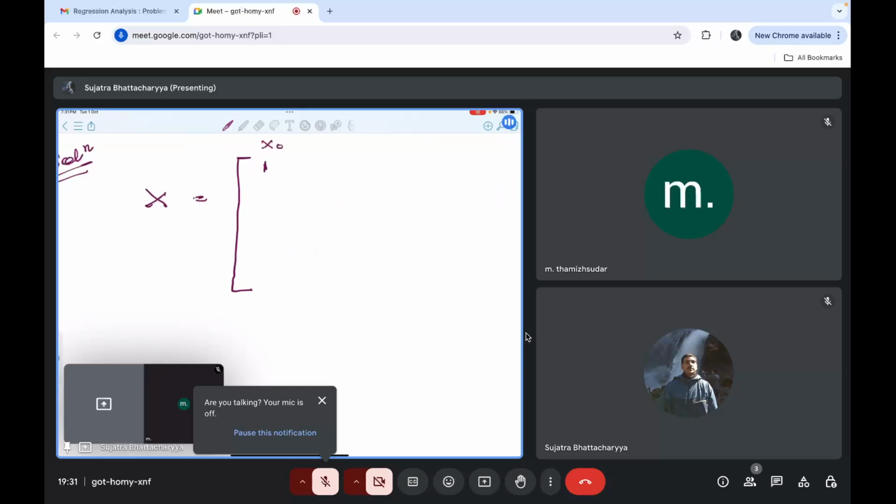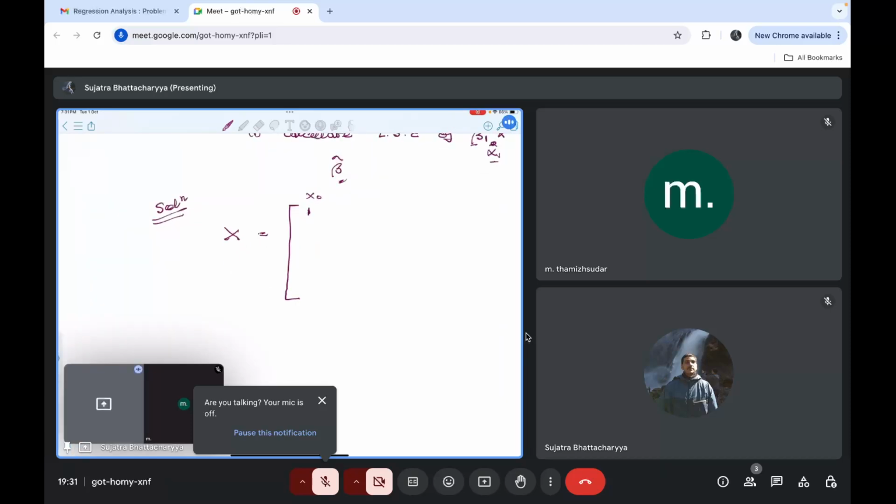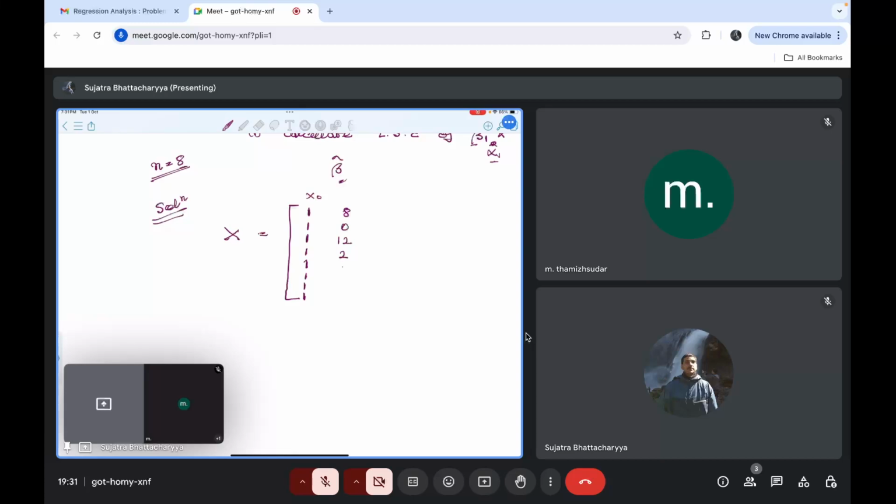For all the observations, 8 values are there, so n is equal to 8. So you write 8 values of 1. Next are the X values: 8, 0, 12, 2, 9, 7, 8, 6. So this is your X.